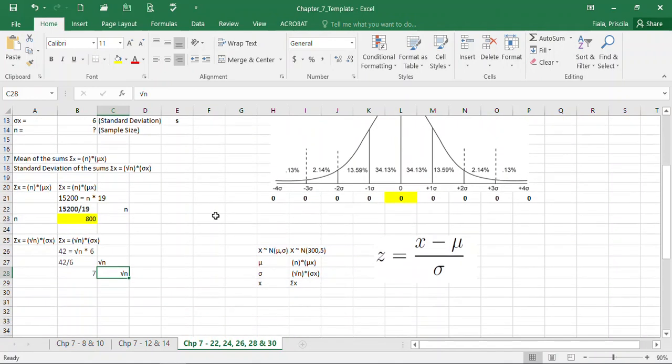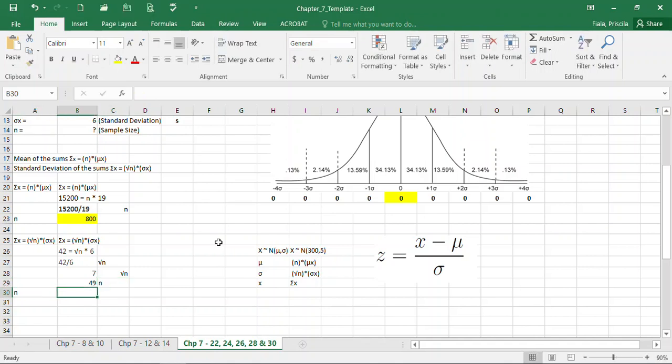Now you have a radical sign, which is a square root. In order to get rid of that square root, we have to square both sides, correct? That's basic algebra. If you square both sides, you're squaring 7, and now we've gotten rid of the square root because we squared n as well.